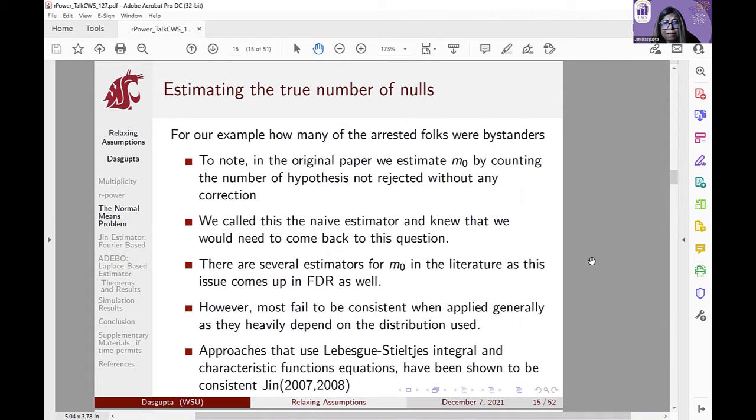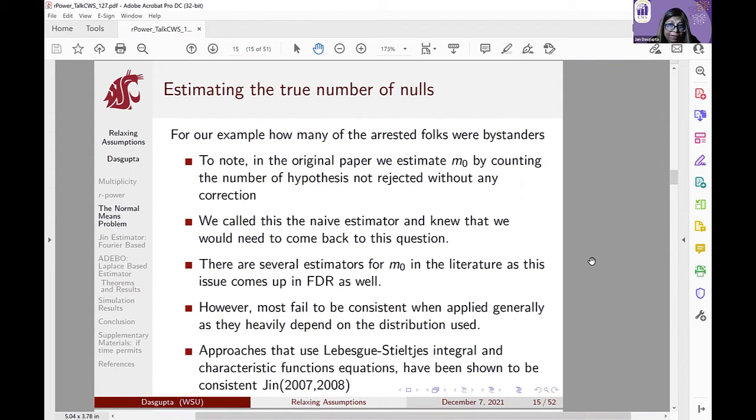A lot of the techniques out there seemed to have consistency issues, were not really good estimators, and were extremely dependent upon the distributions used. But there was one approach that we looked at.